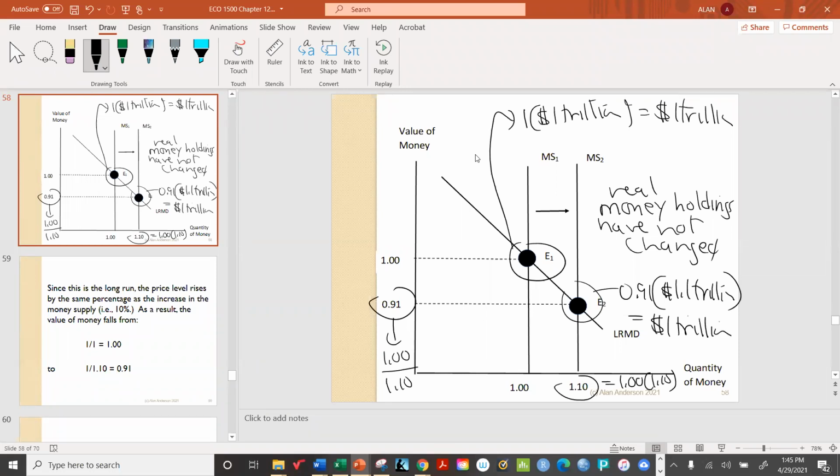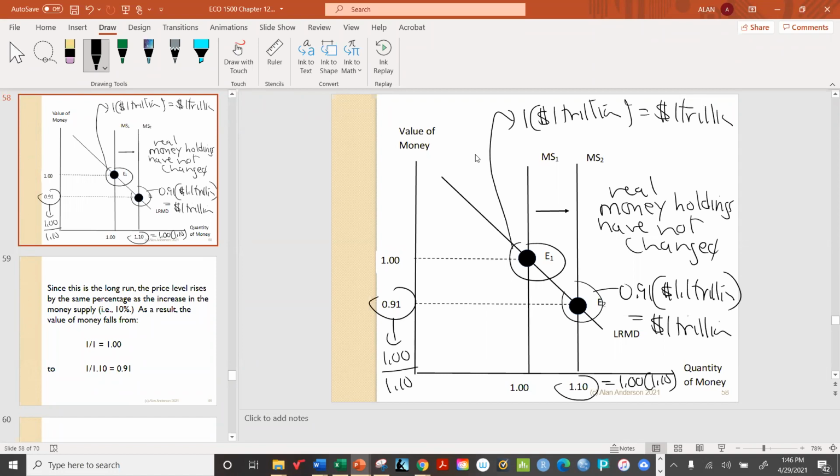So by the Fed increasing the money supply 10%, the value dropped by 10% and people responded by holding 10% more, so that their holdings in real terms have not changed.